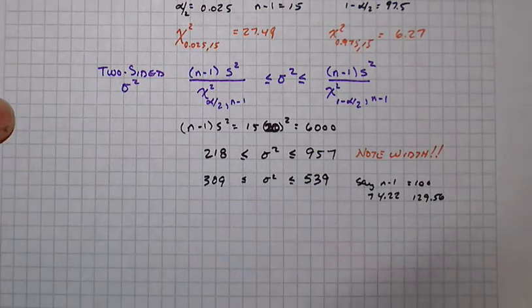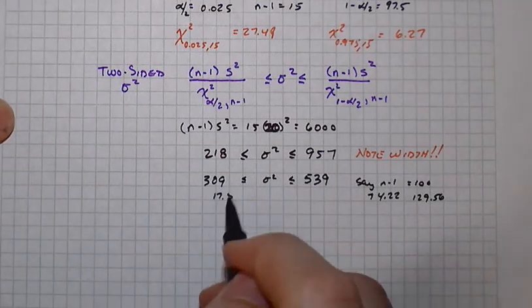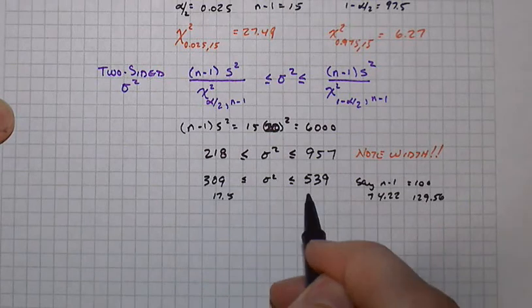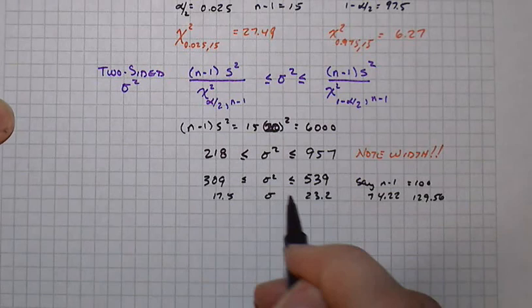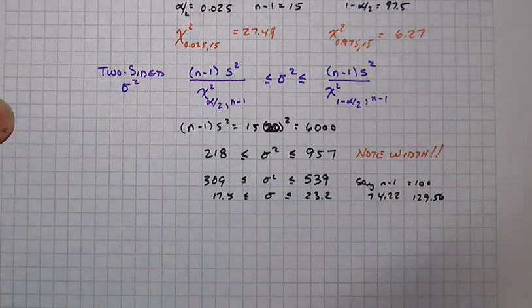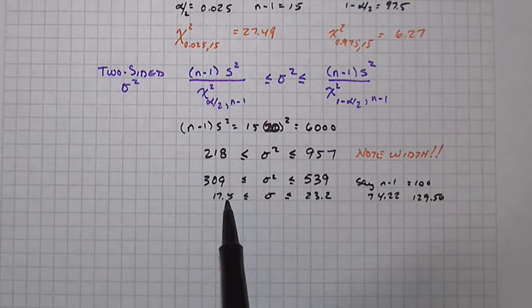If we were to take the square root of that, we would get 17.5 and 23.2 on the standard deviation, which is a little easier to look at. But even there, note that's still a pretty wide range.